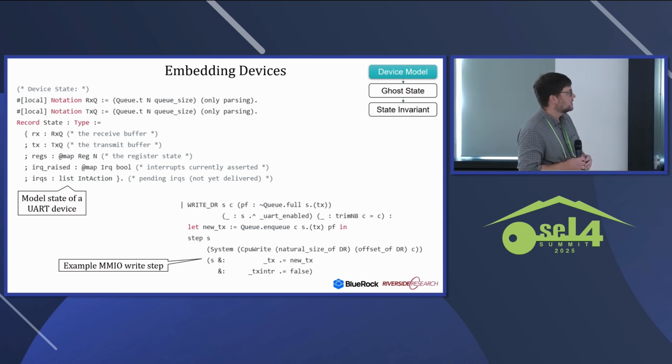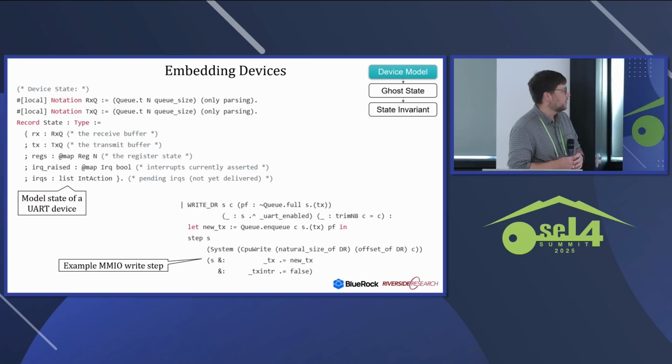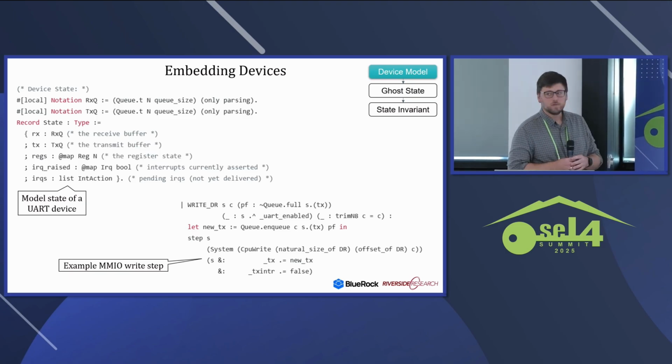You can see that there's a state type that models things like the receive and transmit buffers, some IRQ state, and things like that. And then we're going to have an operational model that has steps for each of the things that the device can do. So respond to a MMIO operation, an MMIO write to the data register will be specified in the way that's given on the bottom right hand of the slide.